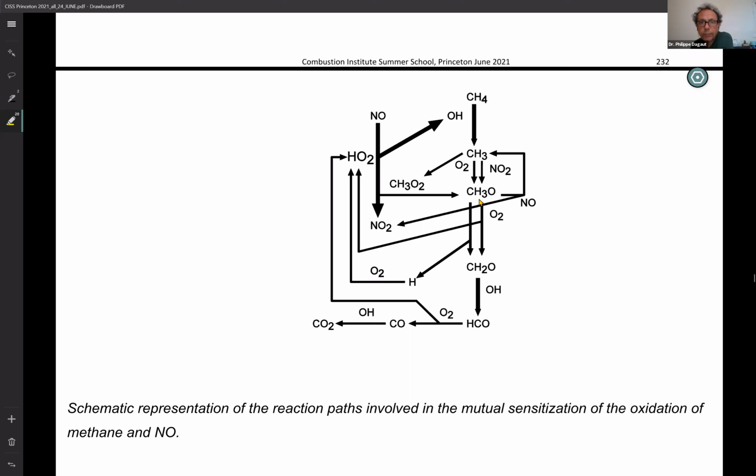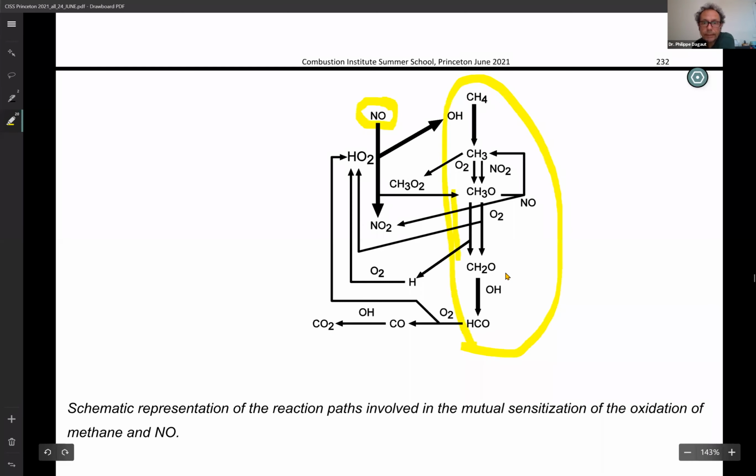CH3 can react with O2 to produce CH3O2, which by reaction with O2 will produce formaldehyde, which will also oxidize and produce HCO. HCO can decompose or react with O2 to produce CO, and CO is oxidized by OH to produce CO2.